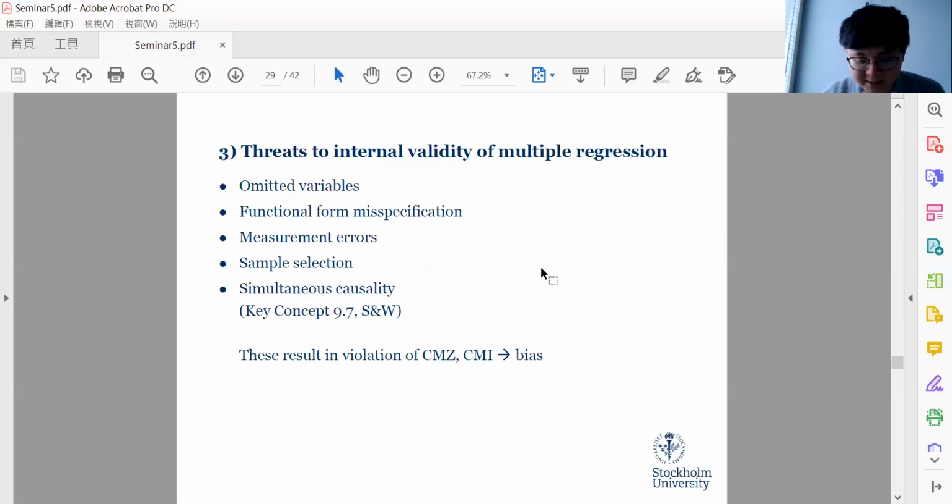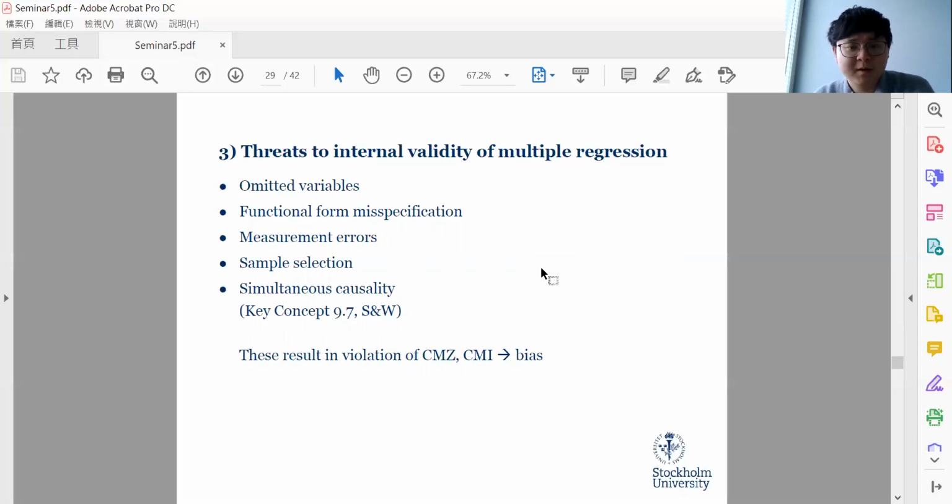So these are the things that you need to think about when you write the term paper, because these things will affect the credibility of your term paper.